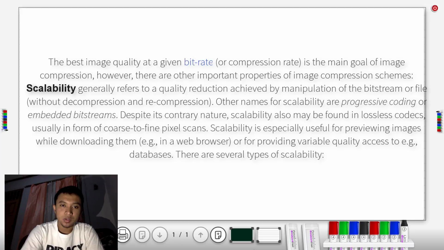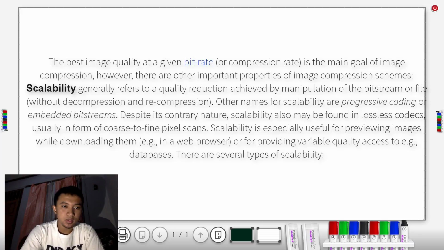Despite its contrary nature, scalability also may be found in lossless codecs, usually in the form of coarse-to-fine pixel scans. Scalability is especially useful for previewing images while downloading them, for example in a web browser, or for providing variable quality access to, for example, a database. There are several types of scalability.